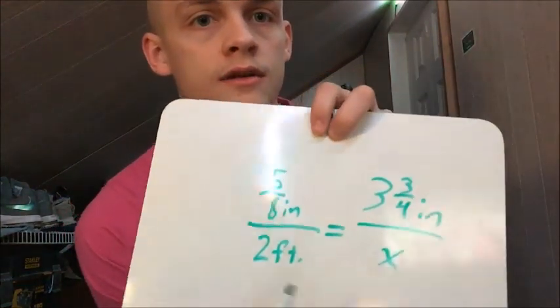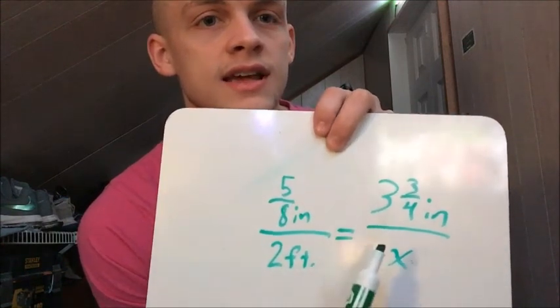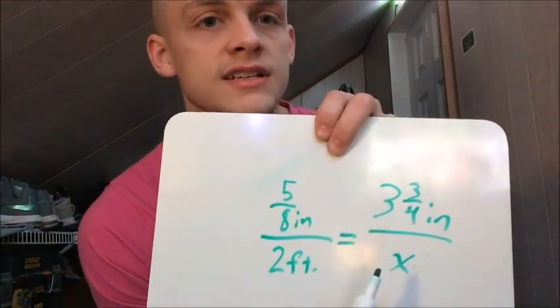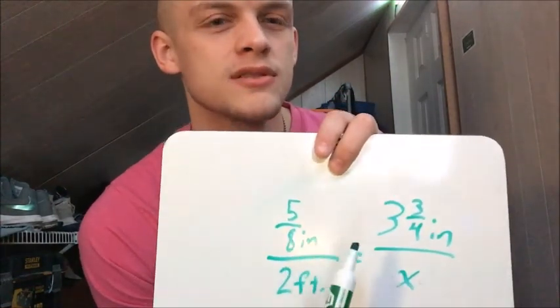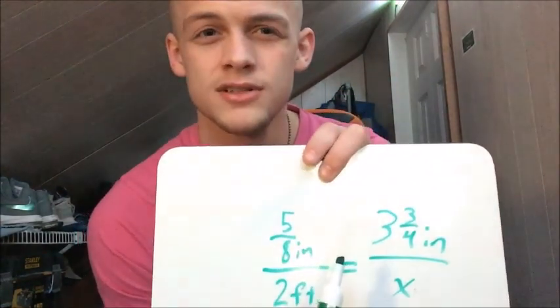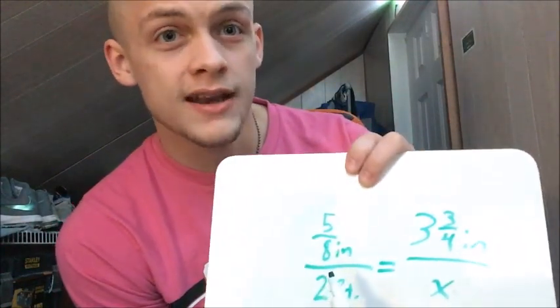So we'd have to say what times 5/8 equals 3 3/4. Well, that's kind of hard to do. That one's not as easy to just look at and know the answer to.